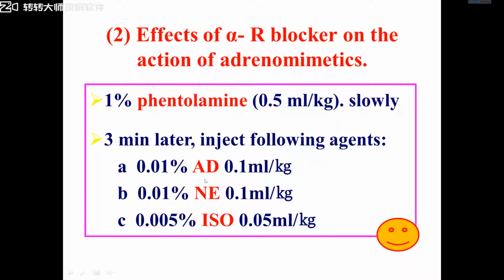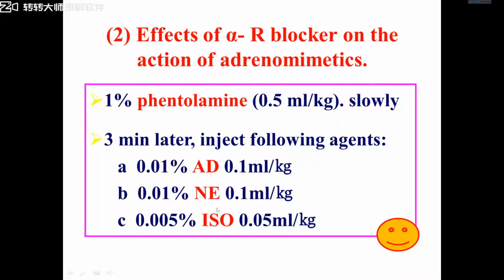We inject adrenaline again, 0.1 milliliter per kilogram, so we give 0.2 milliliter of adrenaline to observe adrenaline's effects on blood pressure, now that we have blocked the alpha receptor. And then we also give the second drug, noradrenaline.